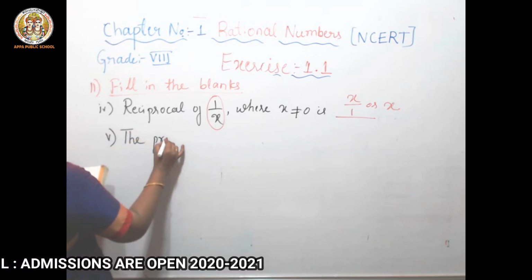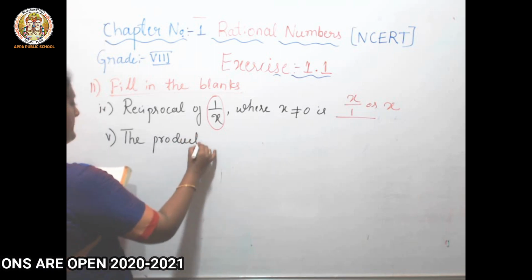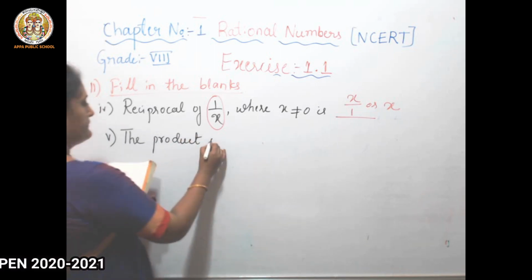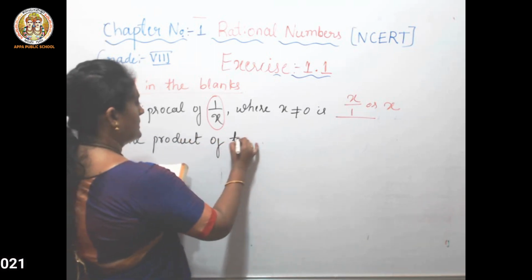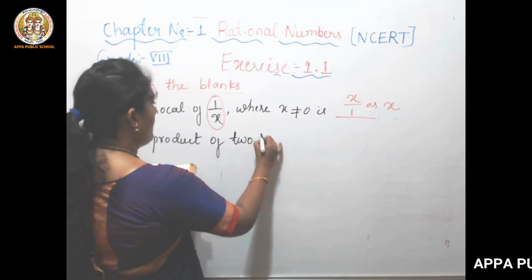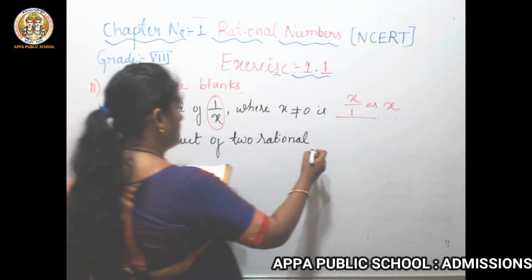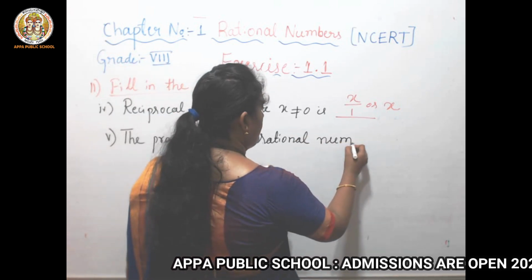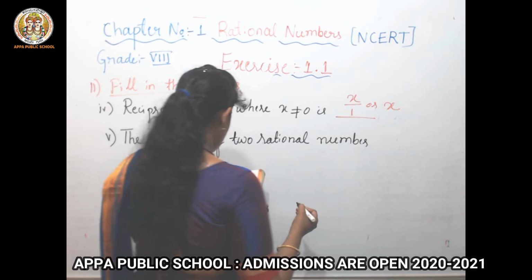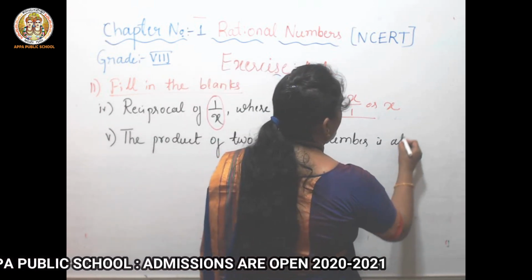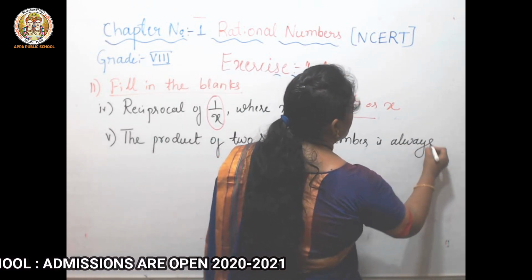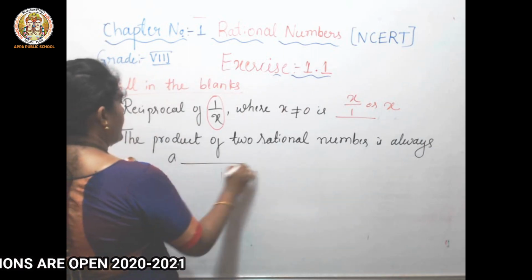The product of two rational numbers is always a dash.